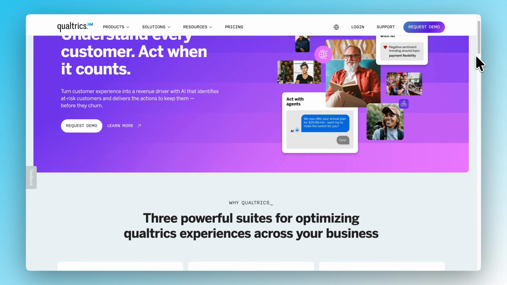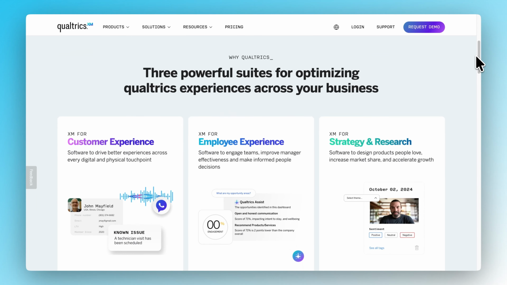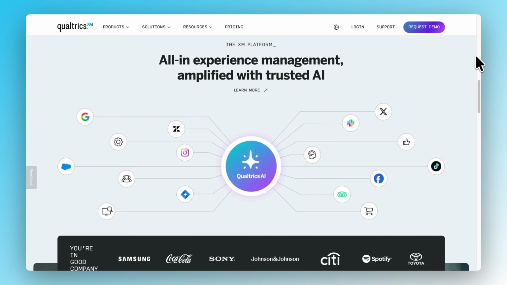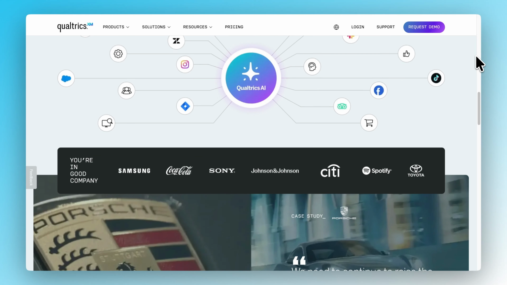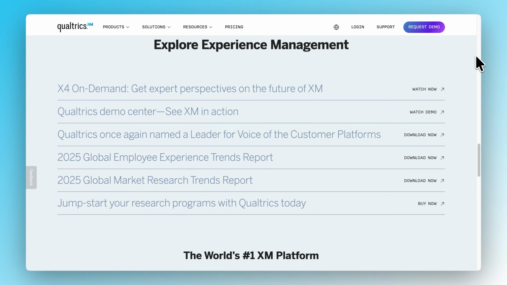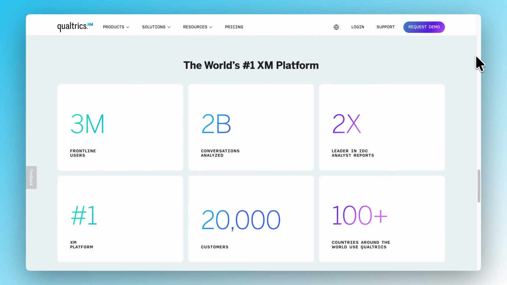Qualtrics. When it comes to large enterprise grade customer feedback analytics, Qualtrics is one of the most established names in the market. Qualtrics is built for organizations that need to analyze customer feedback at significant scale across multiple business units, regions, and touchpoints while maintaining strong governance, security, and consistency.